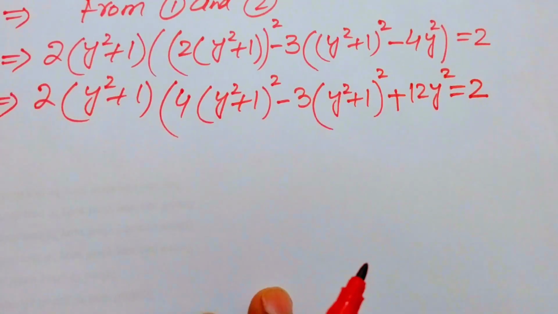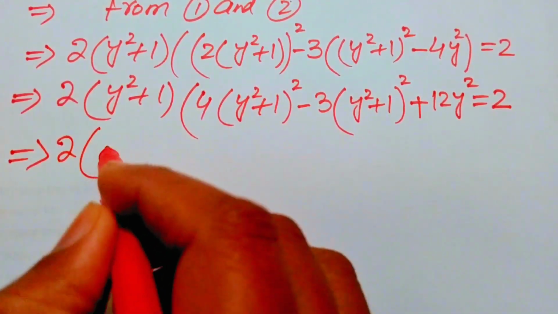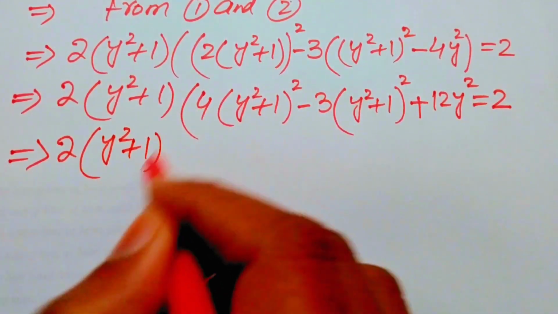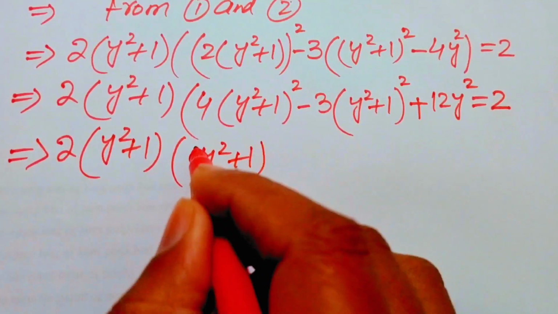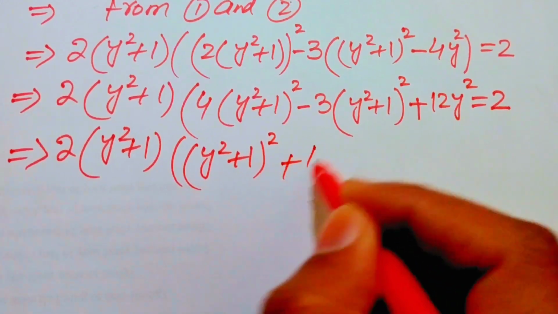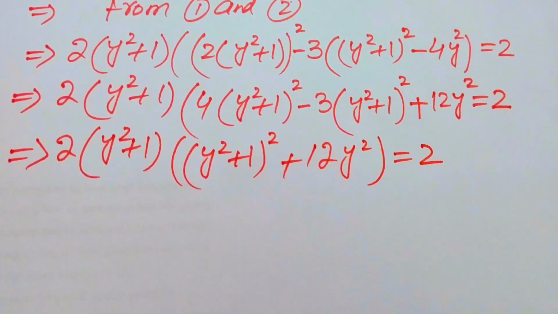And now we simplify this equation, and we have 2 times (y square plus 1) into (4 minus 3) becomes (y square plus 1) whole square plus 12 times y square equals 2.